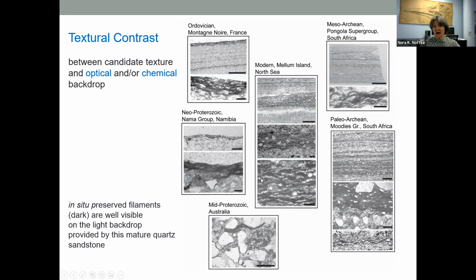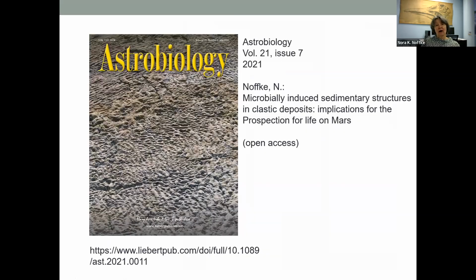So here are a lot of Archean examples that we even see with no experience at all in looking for microscopic MISS in the fossil record. Everybody clearly sees this is fine sand and clean quartz and chert, but here we have fossil microbial mat in those thin sections.